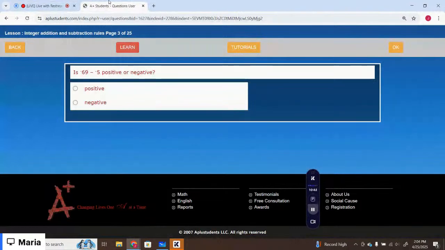Is negative 69 minus negative 5 positive or negative? So 69 is a greater number. The greater number has a negative sign, so the answer must be negative.